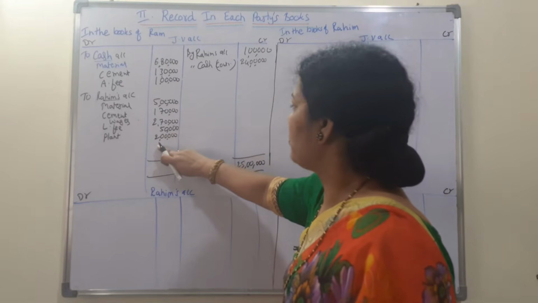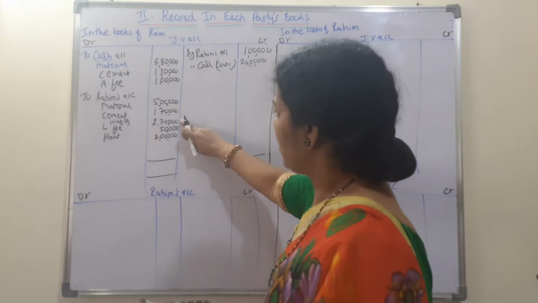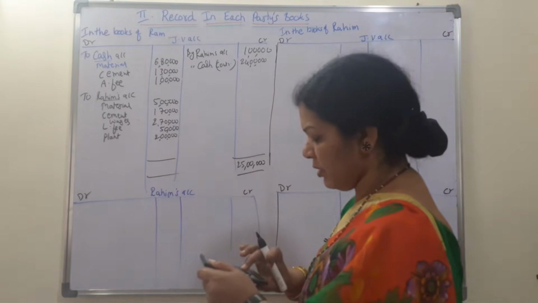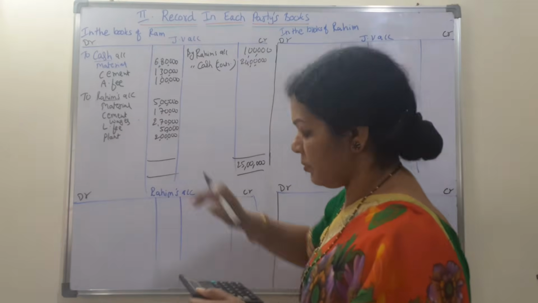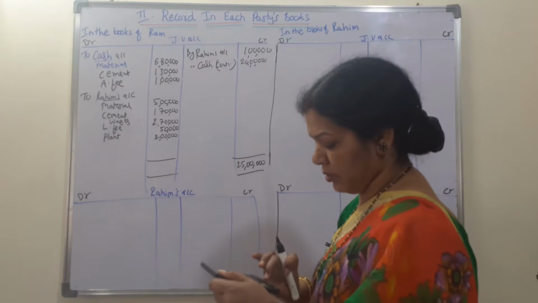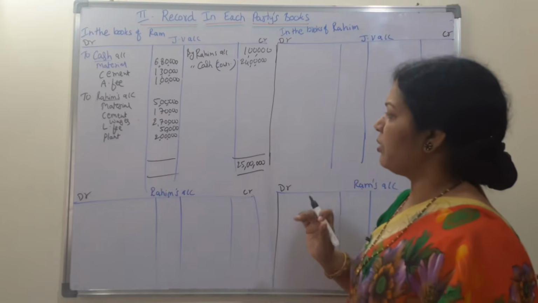Now next this is 4 lakh, 2 lakhs, 4 lakh 70,000 we will take, minus 50,000.